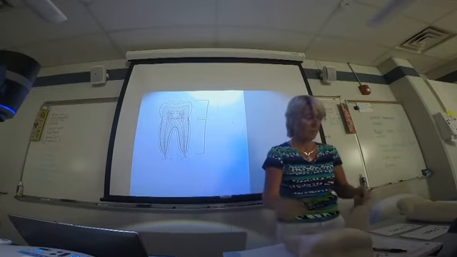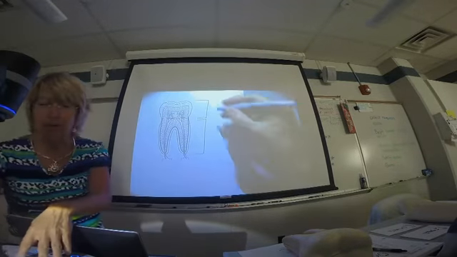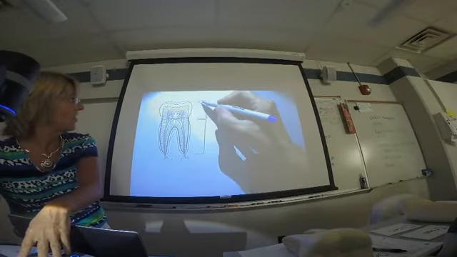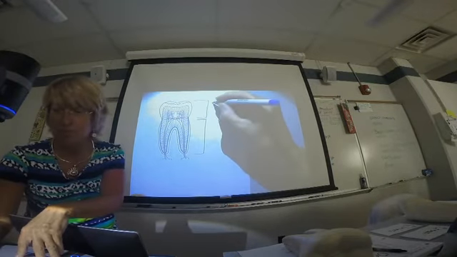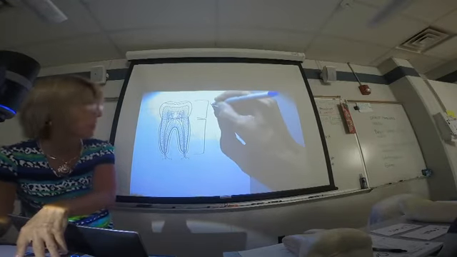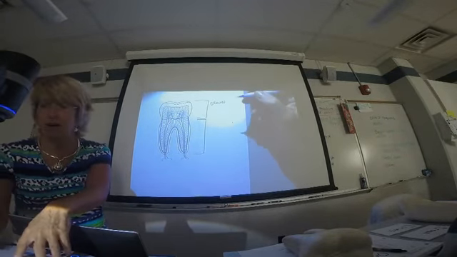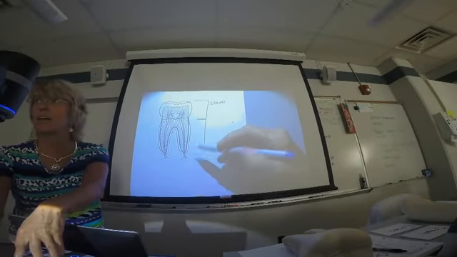Okay. So first of all, we're going to label our paper. This part right here is called the what? Crown. And the part that it's embedded down into the bony socket?